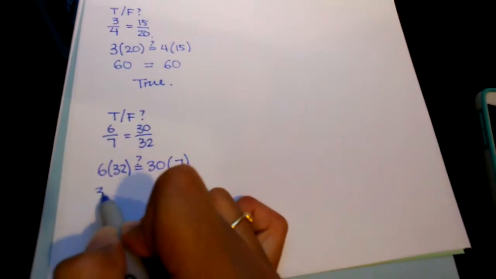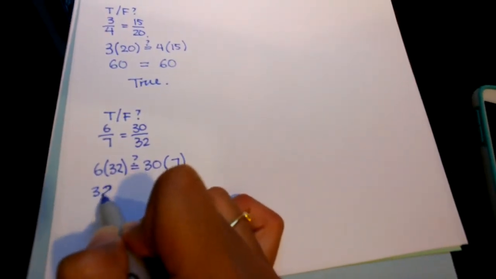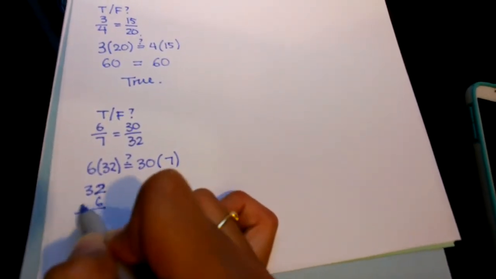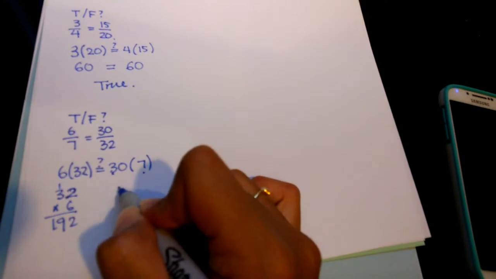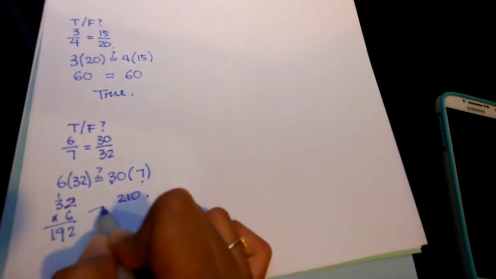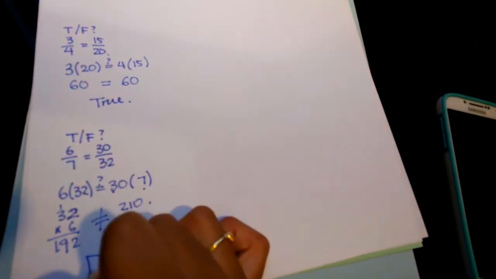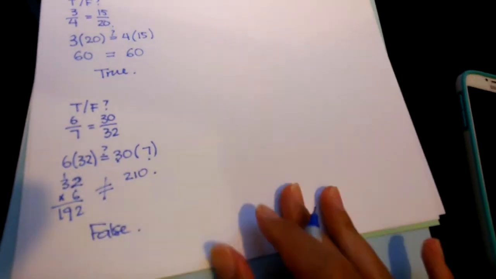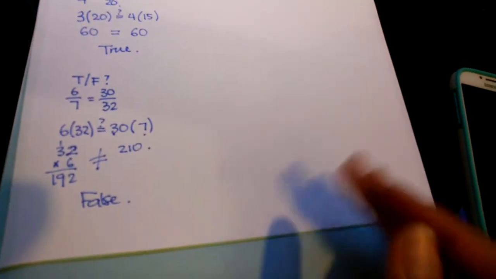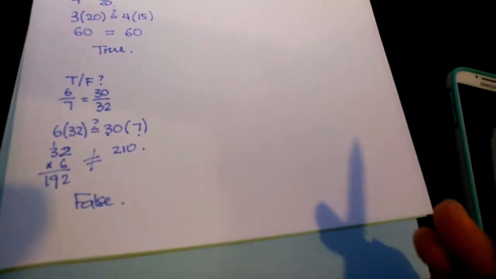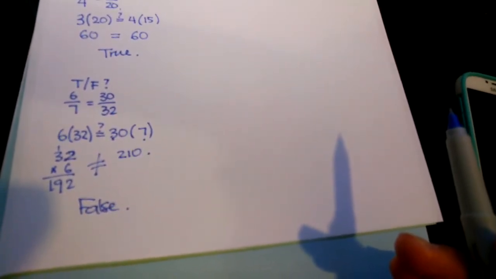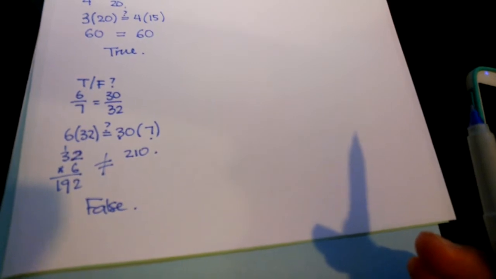Let me do that out. 32 times 6 is 192, and then 30 times 7 is 210. They are clearly not equal to each other, so this one is false. And that is how you would check if a proportion is true or not, just by cross multiplying. So a few calculations, and then you'll be able to tell if they are the same value or not.